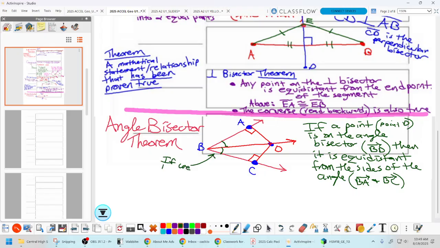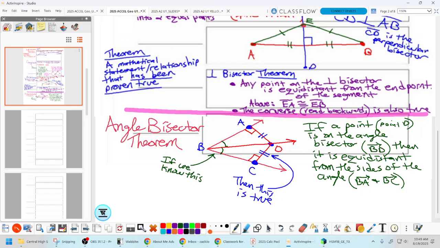If we know this, that the two angles are congruent, then this is true. So if that is an angle bisector, then the two distances are congruent.